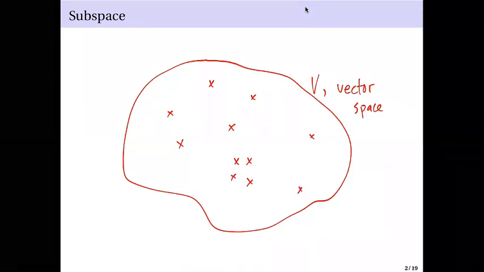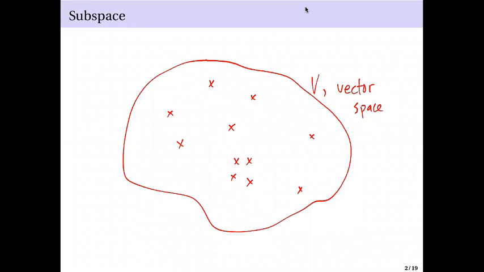So what is a subspace of a vector space? If we are looking at this vector space, what we can do is collect some elements in the vector space. Suppose this is that set.